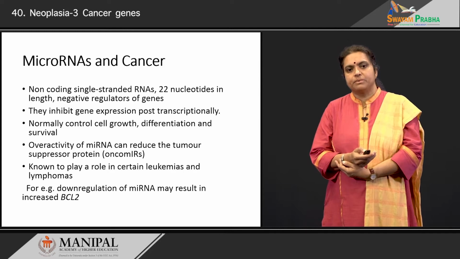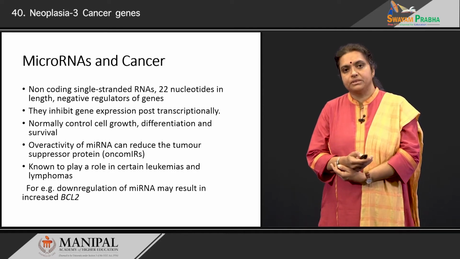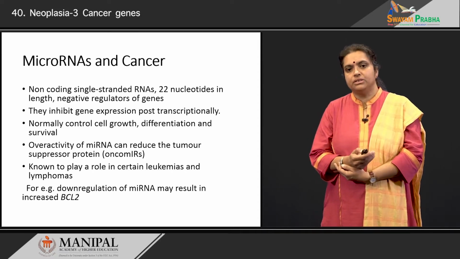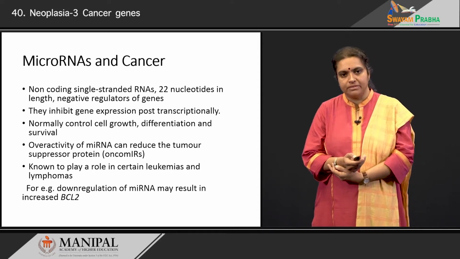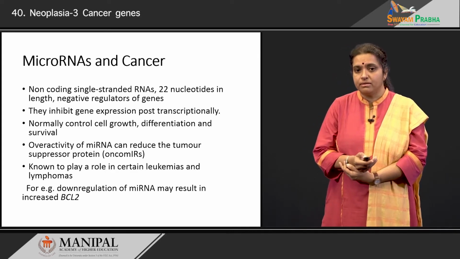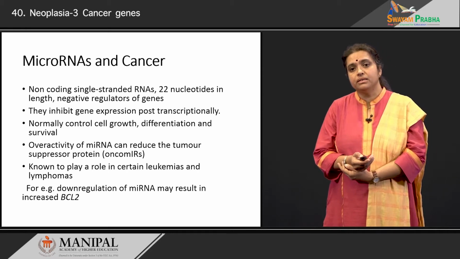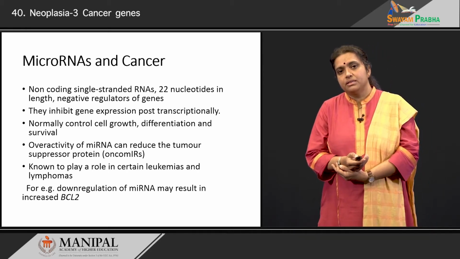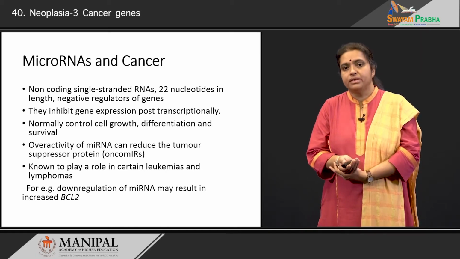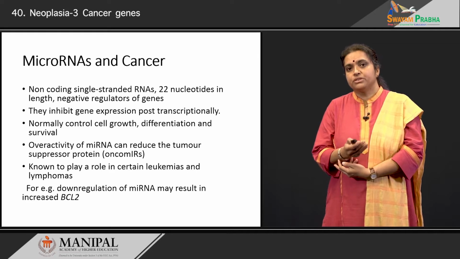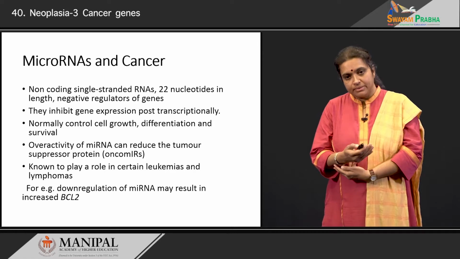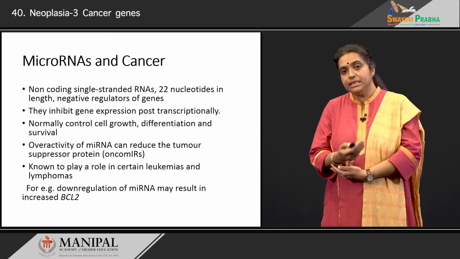Gene expression after transcription is inhibited by microRNAs. So, these normally control cell growth, differentiation and survival. Now, overactivity of these negative regulators can reduce the tumor suppressor protein. So, if these microRNAs are overactive, the normal function of the tumor suppressor gene product, the protein, is reduced. So, this can lead to cancer.